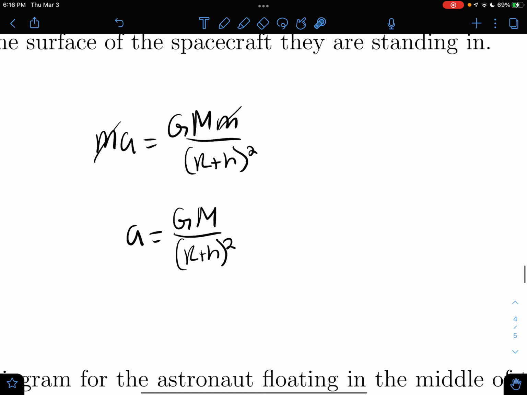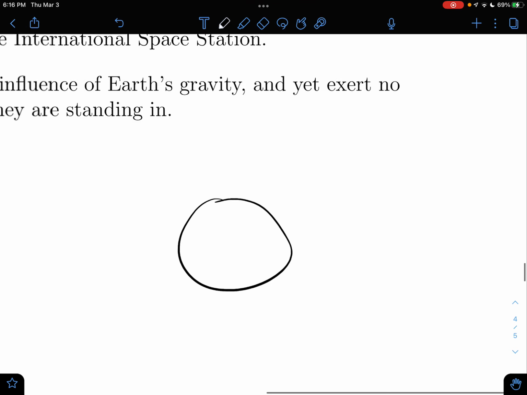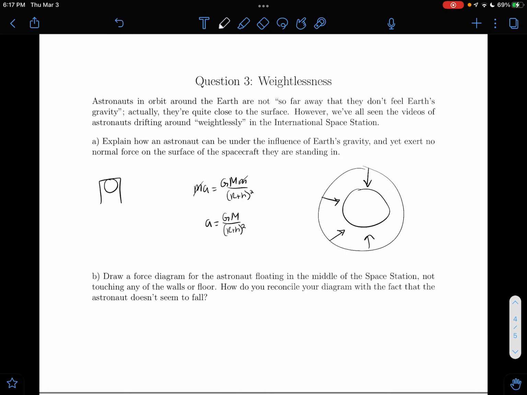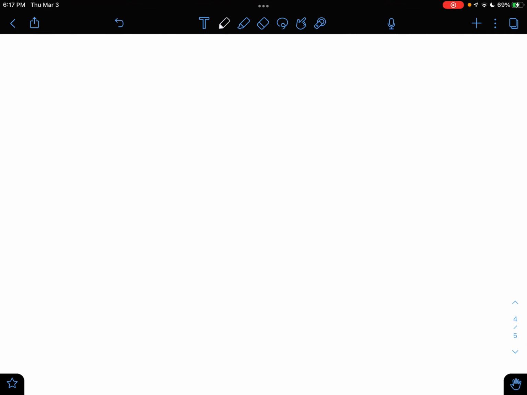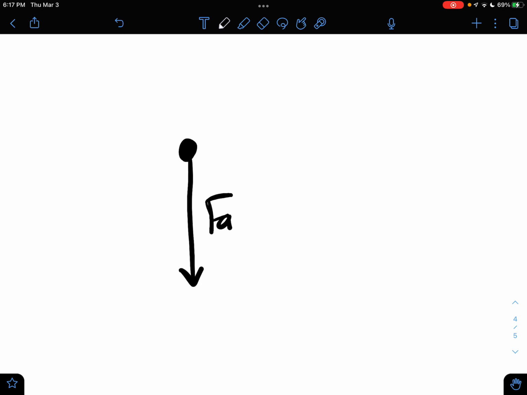They're going to have the same magnitude, and it's going to be the same direction because they're both going around the Earth. So it's always going to be pointed towards the center of our circle, which is towards the center of Earth. Okay? Now we draw a force diagram floating in the space station, not touching any of the walls. If we're not touching anything else, the only thing acting on our astronaut is this gravity.